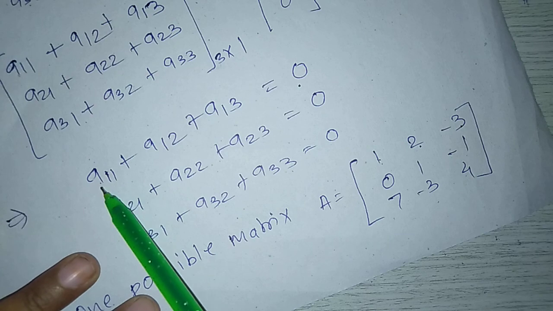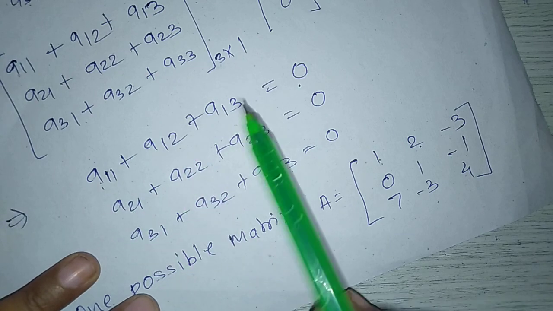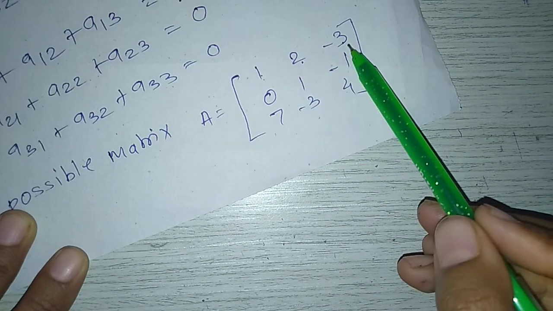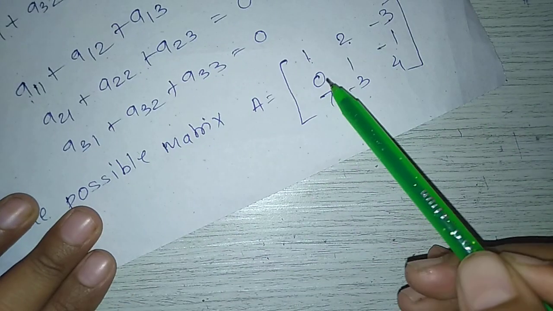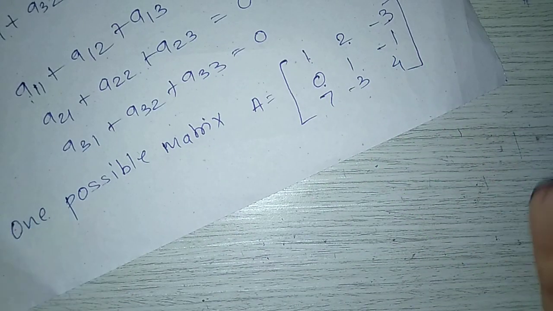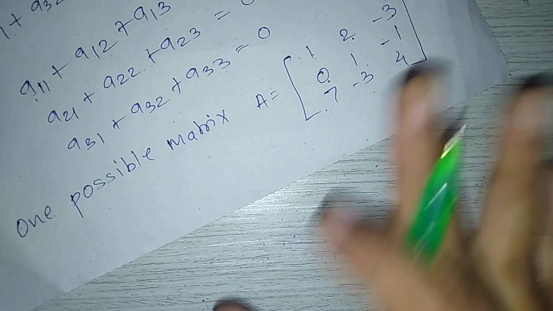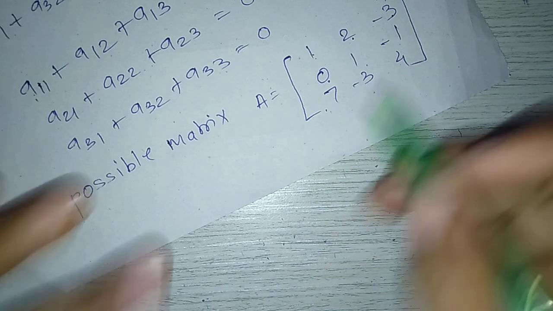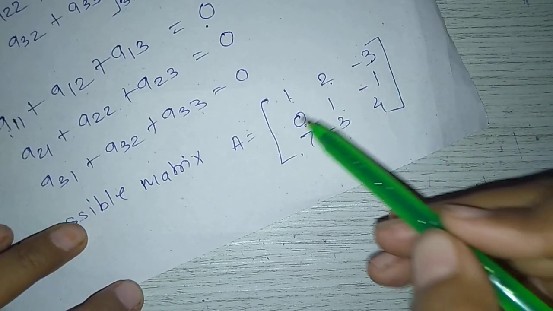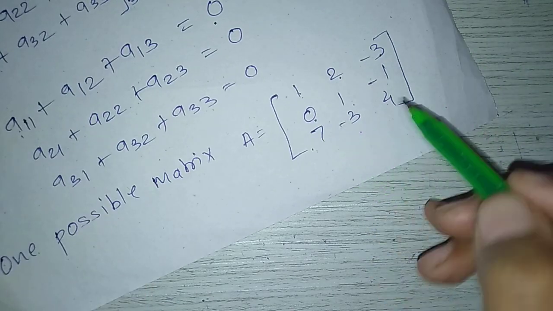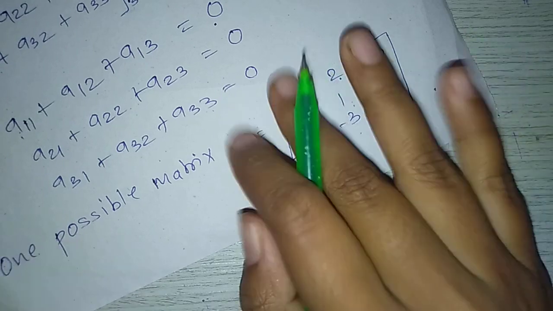First addition: 1 plus 2 minus 3 equal to 0. Similarly 0 plus 1 minus 1 equal to 0, and 7 minus 3 plus 4 equal to 0. Therefore, one possible matrix A equal to [1, 2, -3; 0, 1, -1; 7, -3, 4].